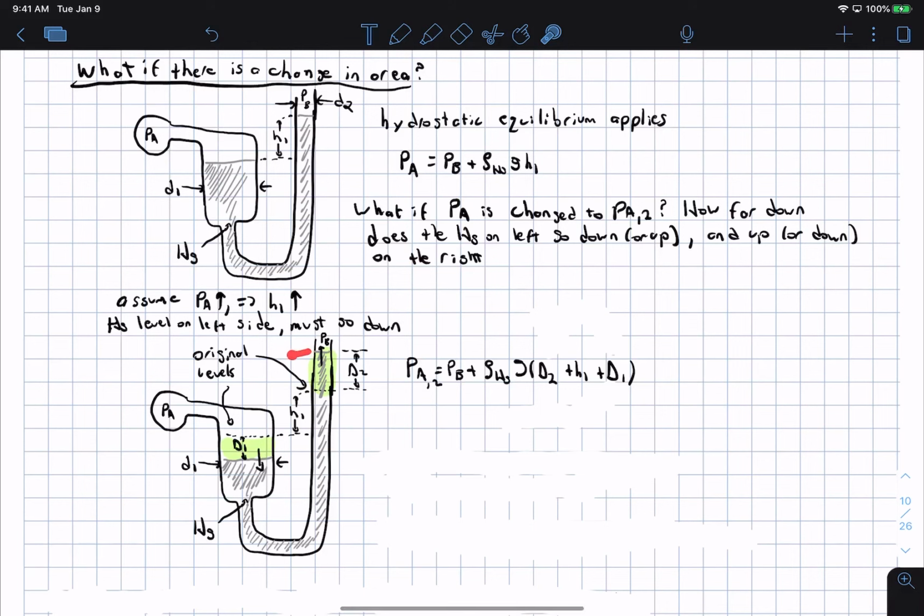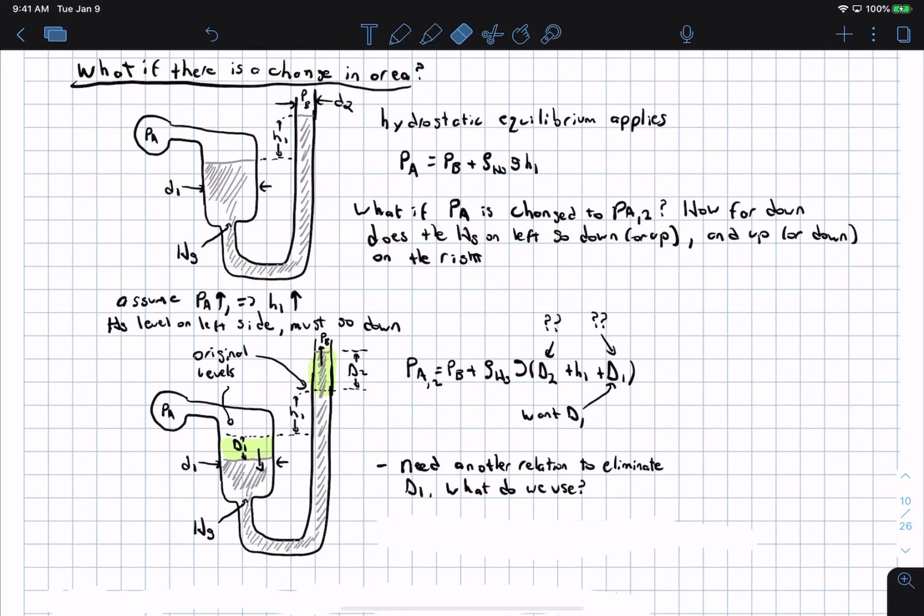Well, this distance here is delta 2 plus H1 plus delta 1. So we've got to add all three of these pieces. But unfortunately, we don't know what delta 2 is, and we don't know what delta 1 is. And so we need a way to eliminate delta 1 and/or delta 2. So how do we do that?